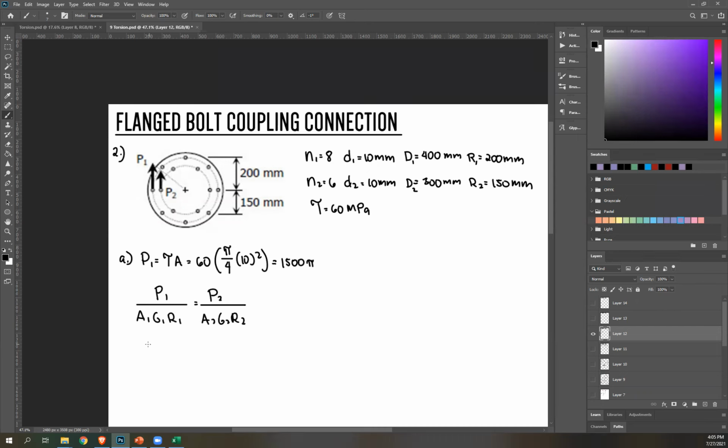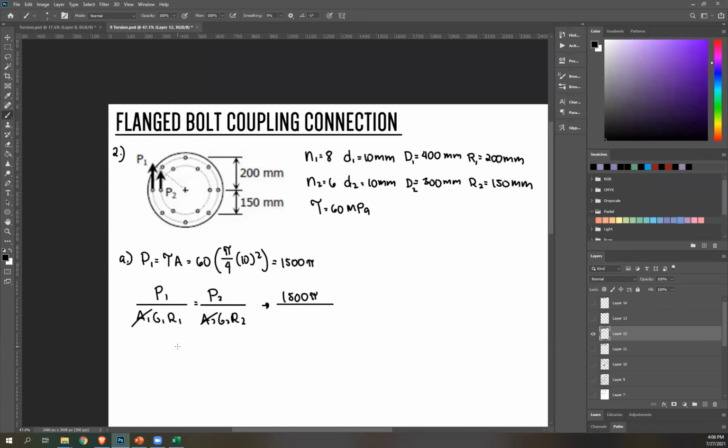P1 is 1,500 pi over area 1. They have the same diameter, right? Bolt diameter, they're both 10 millimeters. They have the same area, therefore we can cancel that.